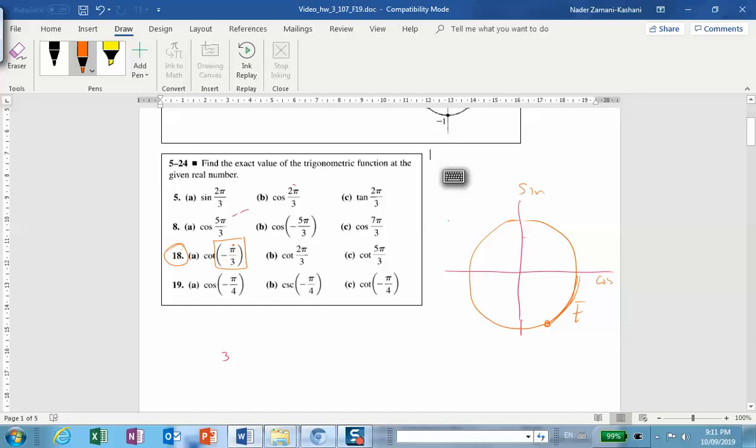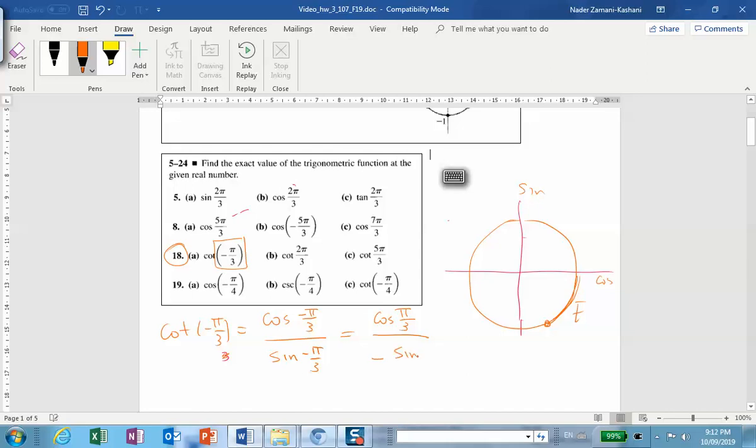So cotangent of minus pi over 3 is equal to cosine of minus pi over 3 divided by sine of minus pi over 3. And let us use what we already know. Cosine is an even function. So this is the same as cosine of pi over 3. And sine is an odd function. You take the minus out, minus sine of pi over 3.